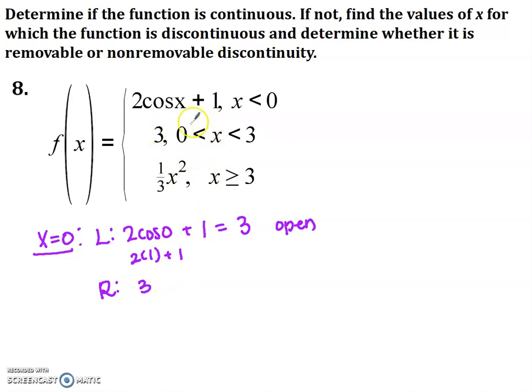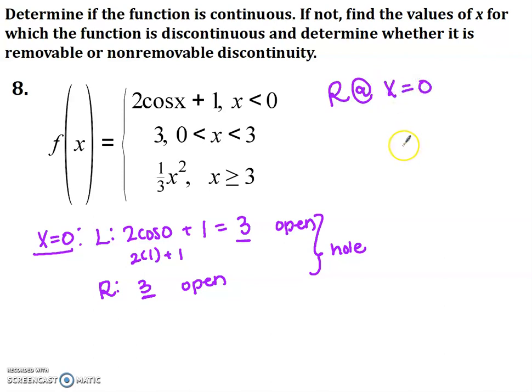And again, that doesn't have an or equal to, so that is also an open circle. So we got 3 for both of them, but they're both open, which means we're going to have a hole at that point. So we would have a hole at 0, 3. So that means we have removable discontinuity at x equals 0.